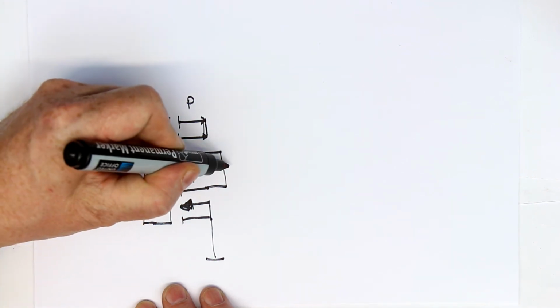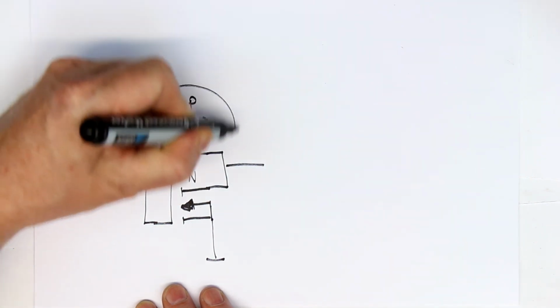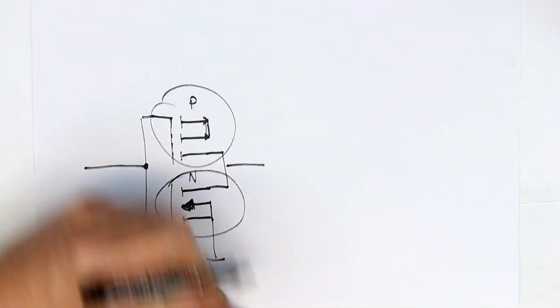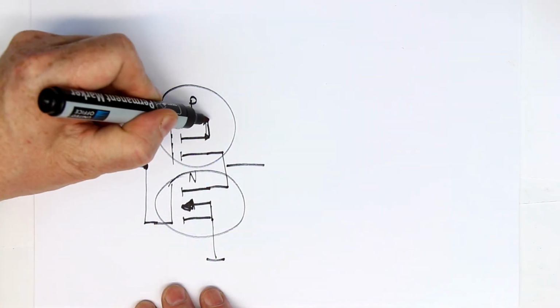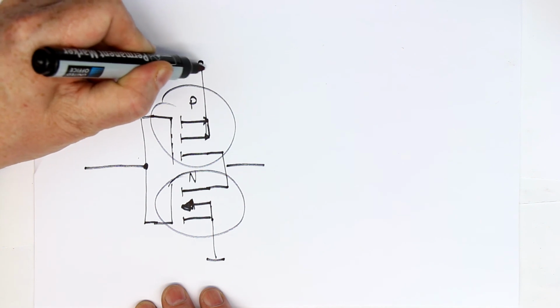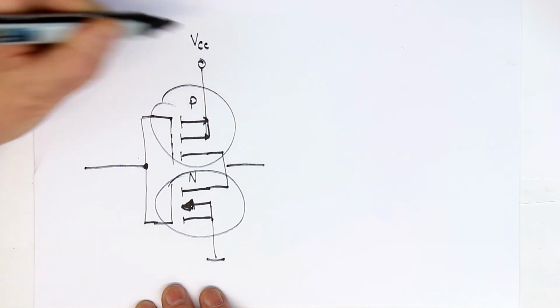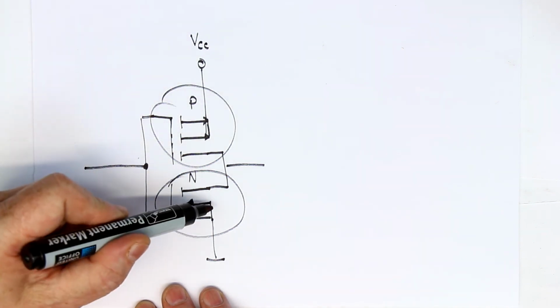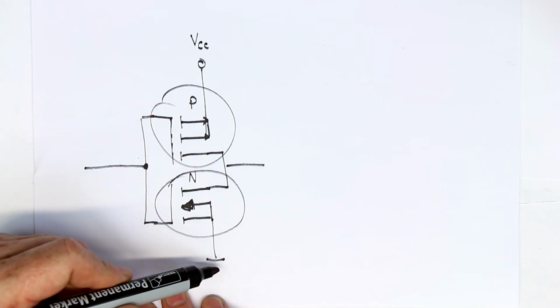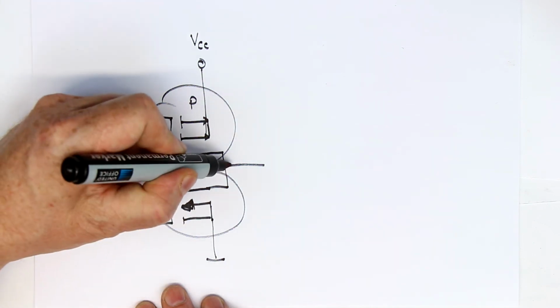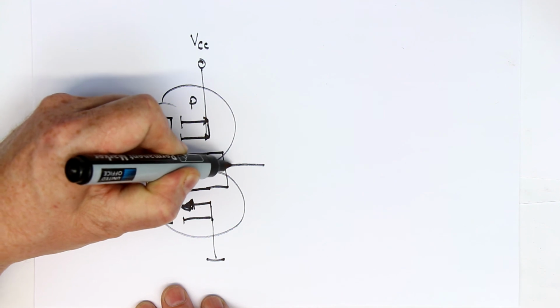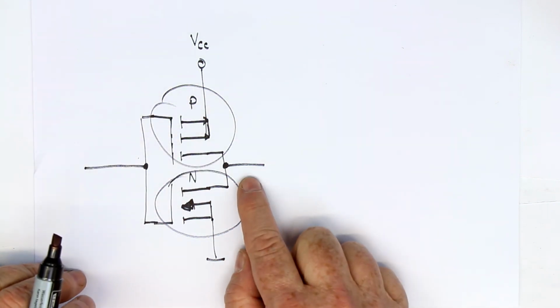And now the operation is simple. It looks a bit more complicated than it really is. You have your P-channel FET connected to VCC and your N-channel FET connected to ground. The output, the drains, are drawn together.